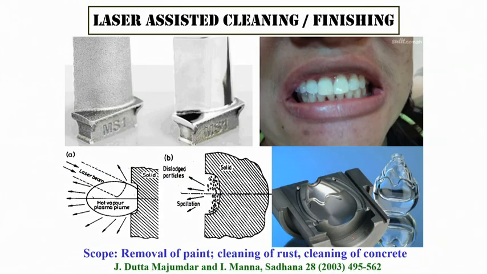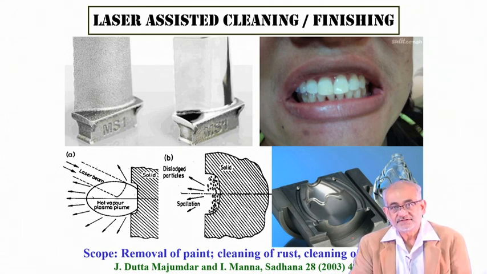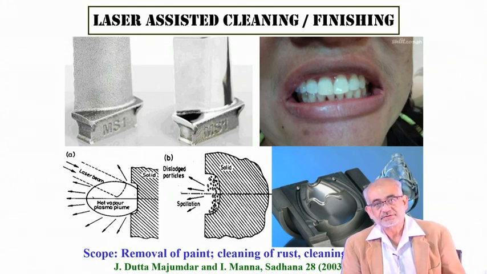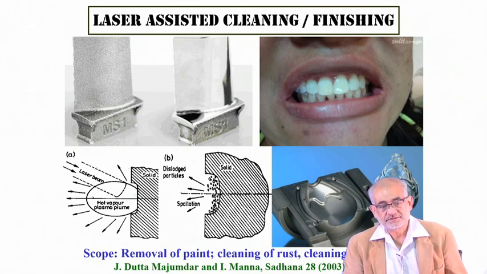Now, laser can also be an extremely precise tool for cleaning or finishing. As I said, since the beam can be shaped and focused in such a way that at the focal point the diameter could be just a few micrometers, as small as that.